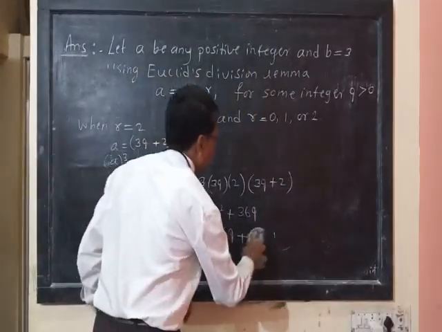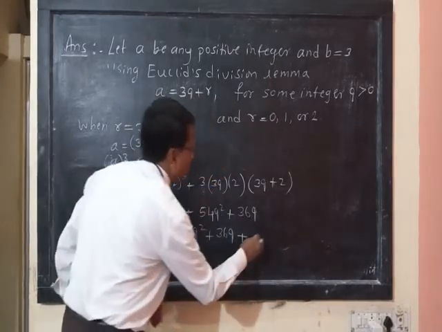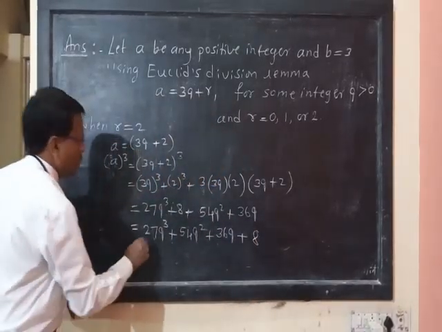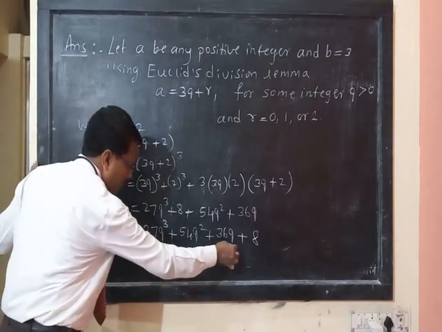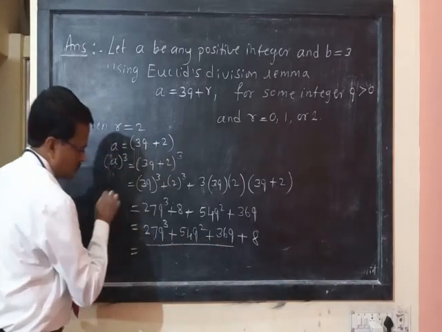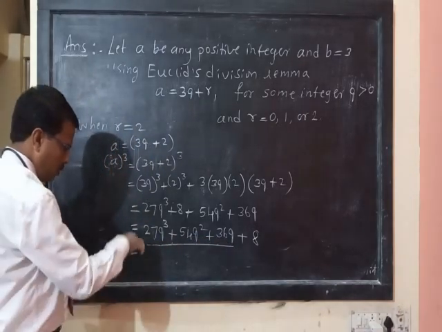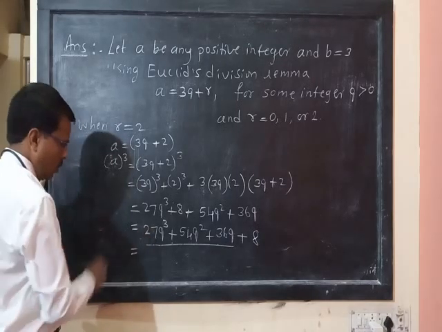Answer is not necessary. 7 plus 1, 8. So this all together becomes one integer. Before that we can take 9 common.